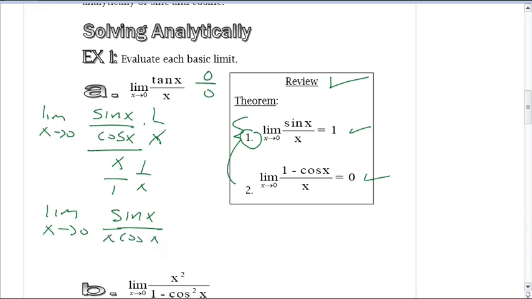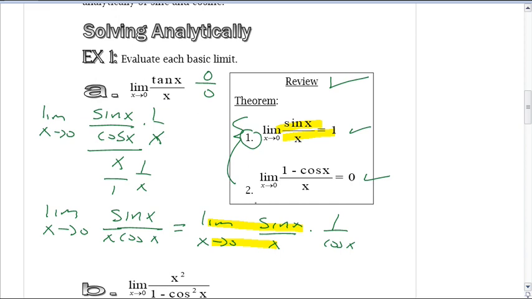All I did is multiply sine x times 1 is sine x, and cosine x times x is x cosine x. Now I can rewrite this as the limit as x approaches 0 of sine x over x times 1 over cosine x. Now notice here, I've got my property. This right here generates 1, and it's just something you're going to have to memorize for now.